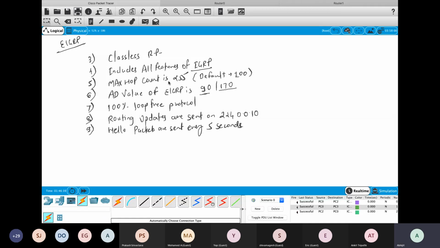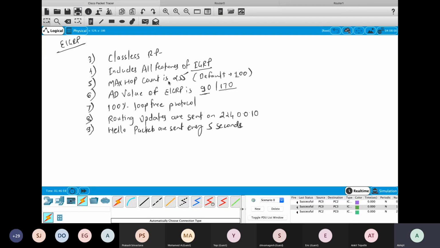Makes sense? We'll talk about how these hello packets work in a bit. For now, just understand that EIGRP uses hello packets in order to stay connected with the neighbors it is exchanging routing tables with.